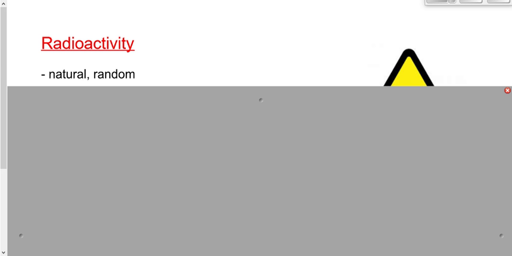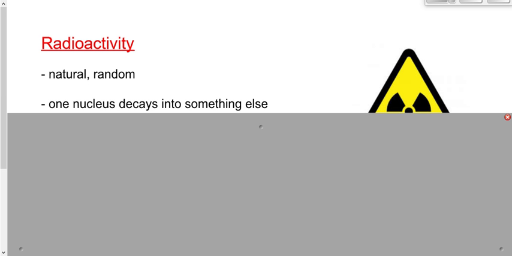Say I go to flip a coin. What are the odds of me flipping heads? Well, 50%. But I can't predict whether it's going to turn up heads or tails, can I? I can make predictions based on odds, based on statistics, but I don't know whether it's going to turn up heads or tails. Same thing with radioactivity. We can make predictions based on statistics, but for individual nuclei, we don't know what's going to happen because it's a natural process and it's a random process.